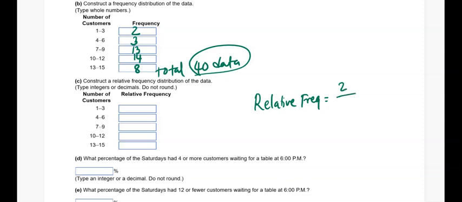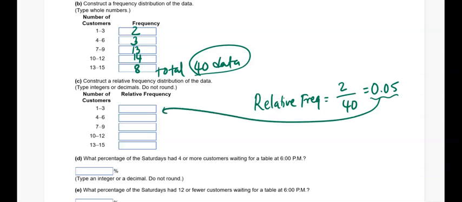So 2 divided by 40 is 0.05. This is the relative frequency of the first class. Similarly, for the second class, you divide the frequency 3 by the total 40.